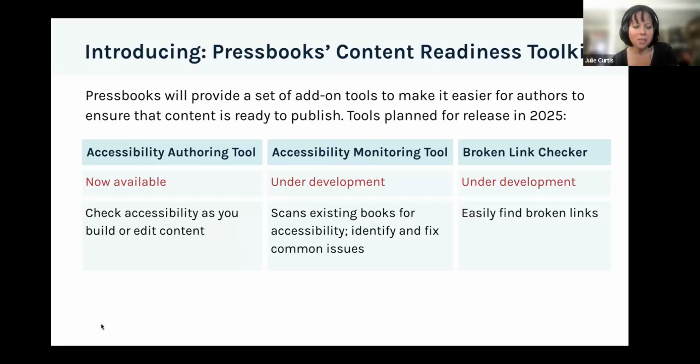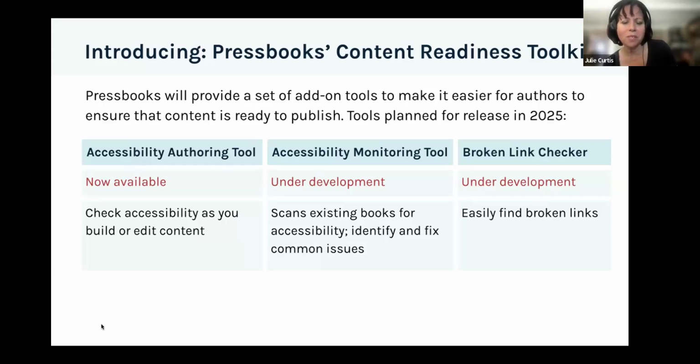These are things that we've had a lot of requests for, for as long as I've been at Pressbooks, and I think as long as Steele has been at Pressbooks. There have been a lot of requests to help make these kinds of things more user-friendly for building accessibility and finding things that need attention.